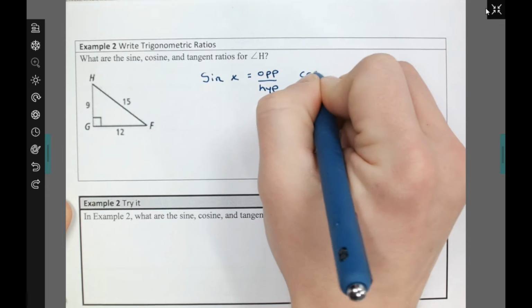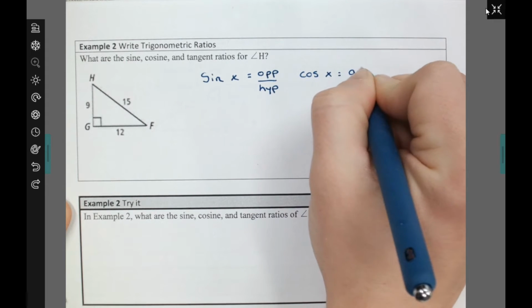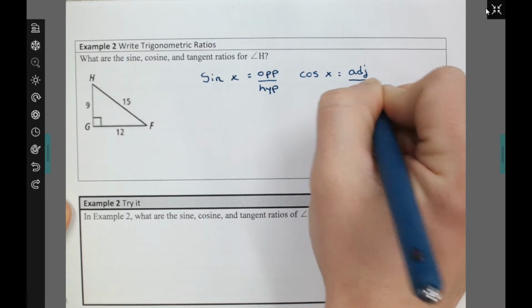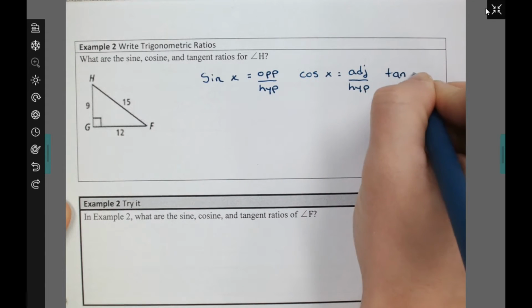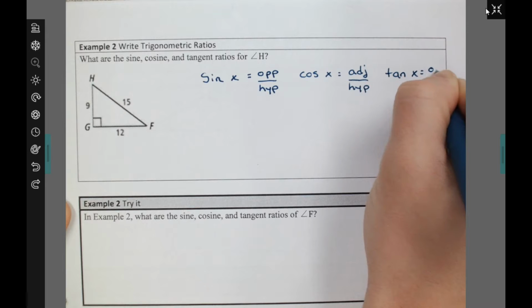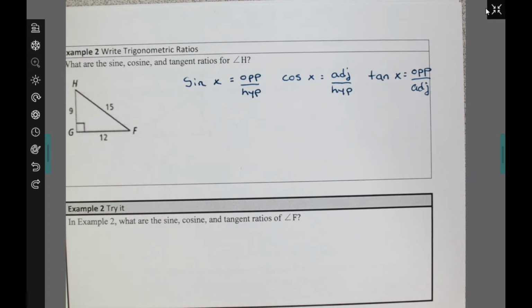The cosine of x is equal to adjacent over hypotenuse. And tangent of x equals opposite over adjacent. Those are the three trig ratios you're going to have memorized in this class.